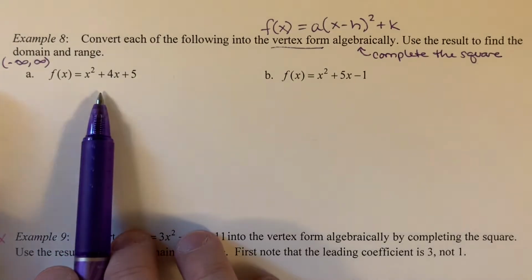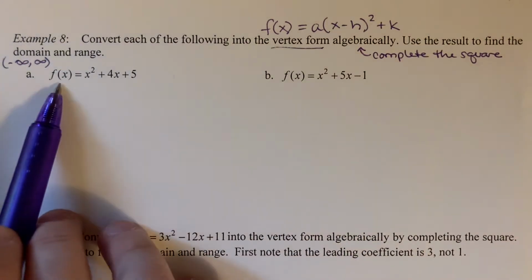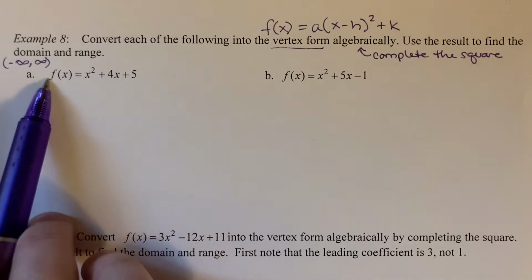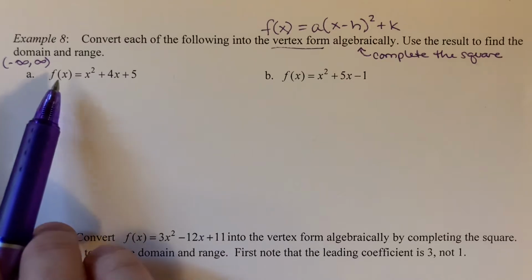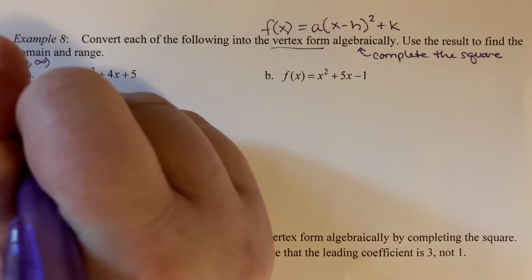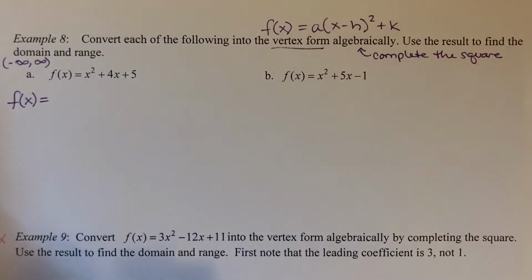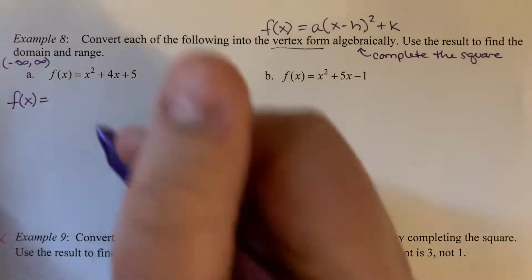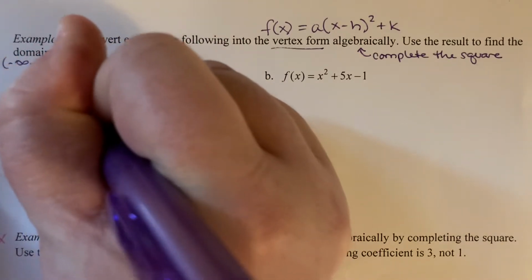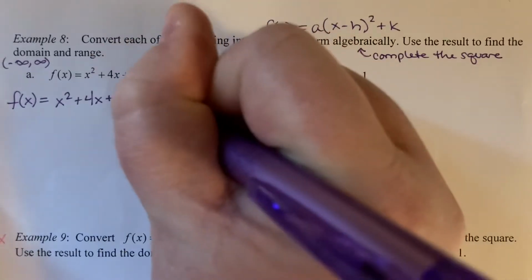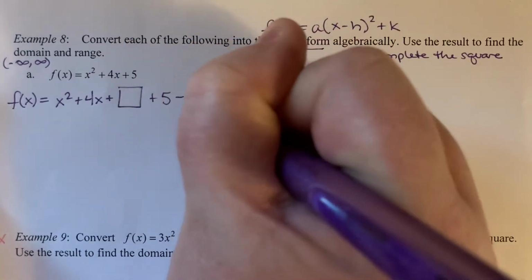So let's complete the square here. Now in these problems, when it says f of x equals, I can't subtract the 5 to the other side the way we were when we were solving using completing the square. So in this case, I need just f of x equals on the left side, and I have to leave it by itself on that side to say that's the function. So instead, what we do is we add and subtract the same amount.